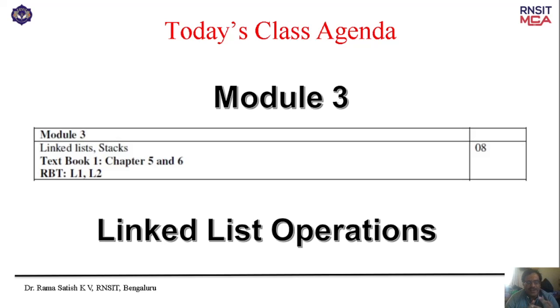Second is the link part, the next link part, that will always be connected to the next node. The last node of the linked list is connected to null. So this is how the linked list is designed. This is what we discussed in the previous class.